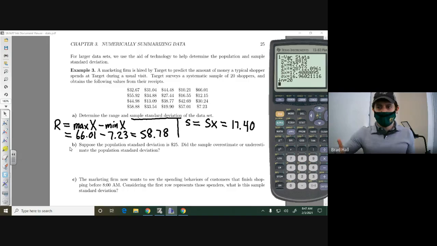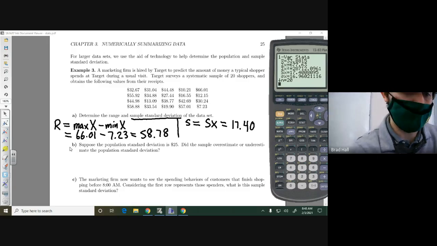So that $17.40, did it overestimate or underestimate? And it underestimated because it's smaller. So underestimated.